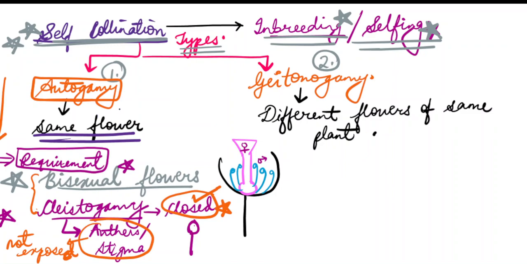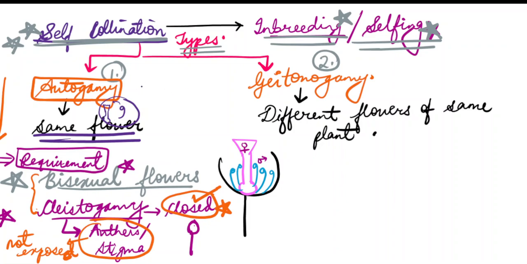like in the same flower, means the anther and the stigma are of the same flower, so there will be no genetic variation.